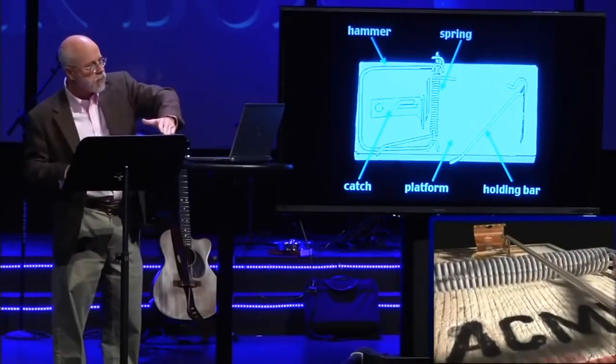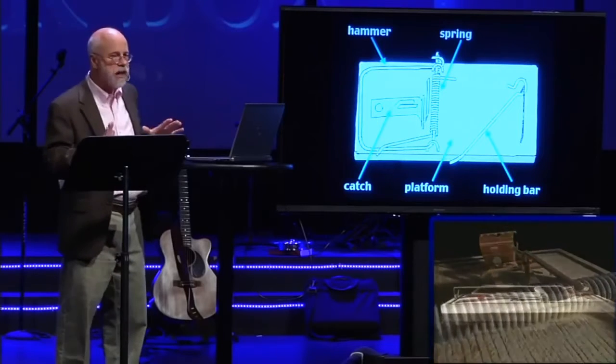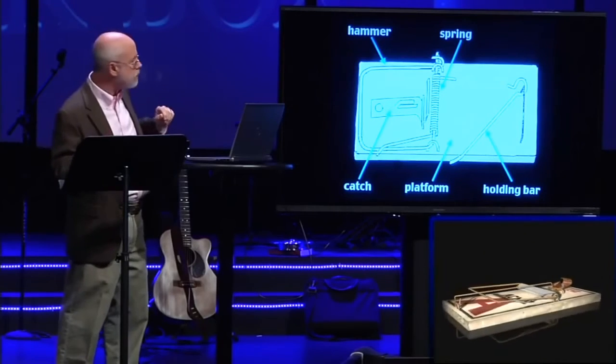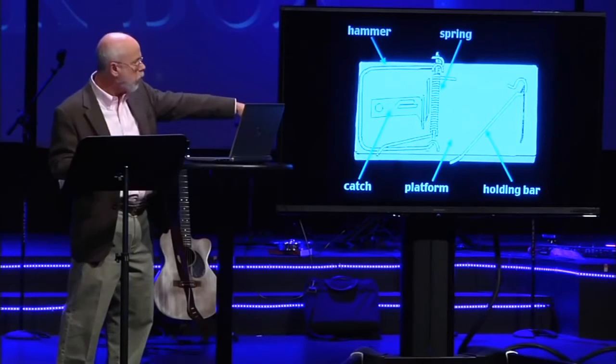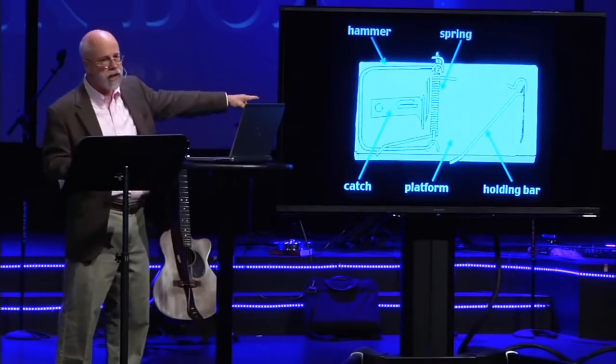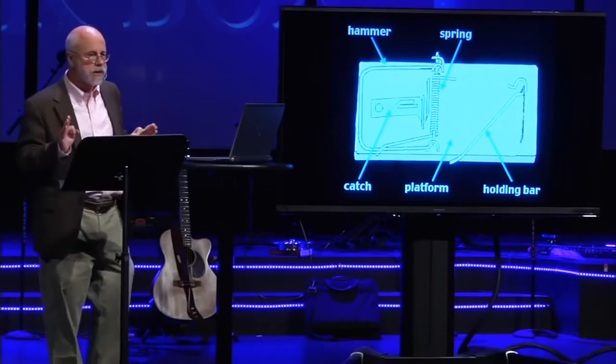And when you push the hammer over, it's got to be stabilized in place until the mouse comes along. That's the job you see in the lower right there of the holding bar. And the holding bar inserts into something called the catch in order to stabilize it.